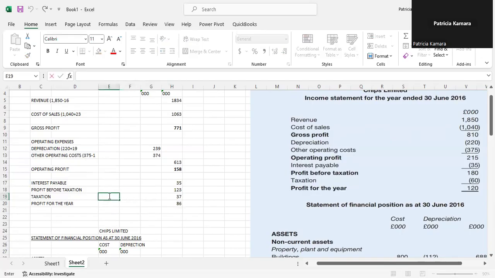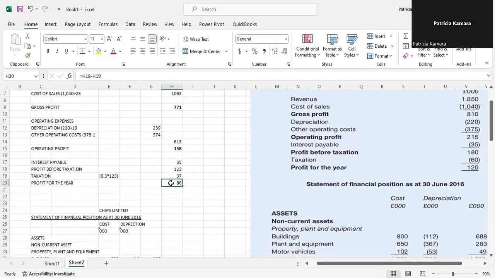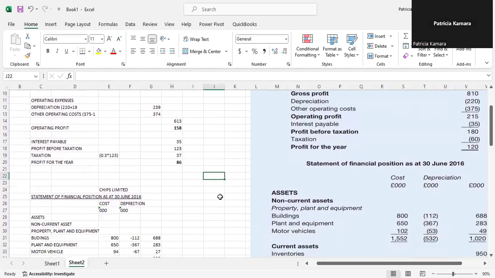Okay, so let's show the workings here. 0.3 multiplied by 123. So it means our profit for the year now stands at 86.